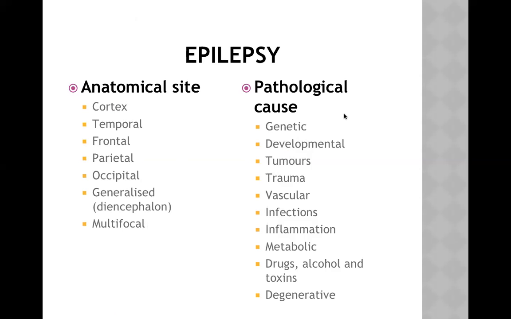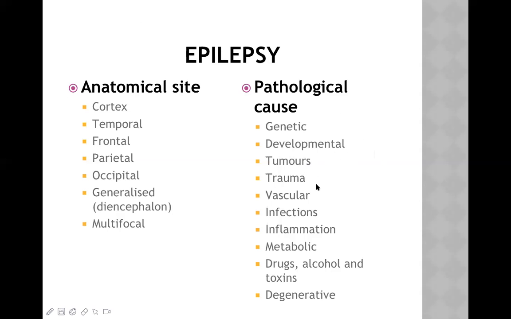Now, already talked about, in the majority of cases we don't know what the cause is, but in some, pathological causes are identified, like genetic, developmental, or abnormality occurring during the development of the brain, which can also result in epilepsy.